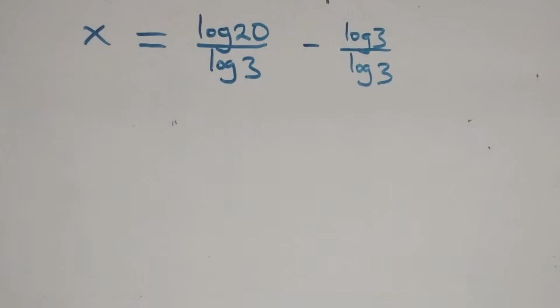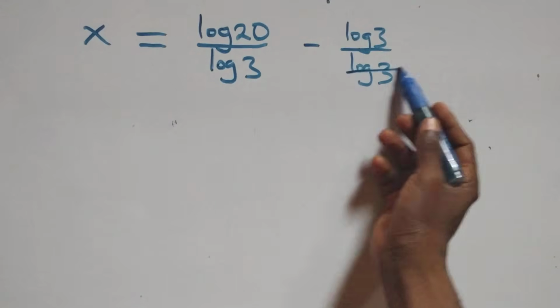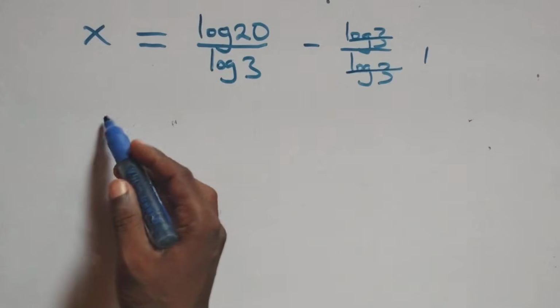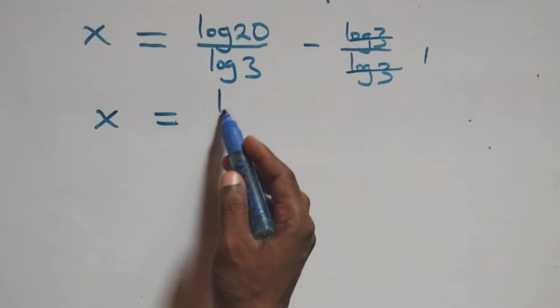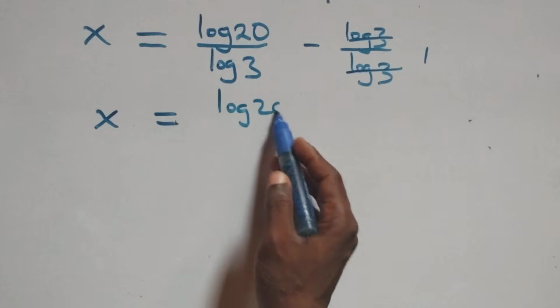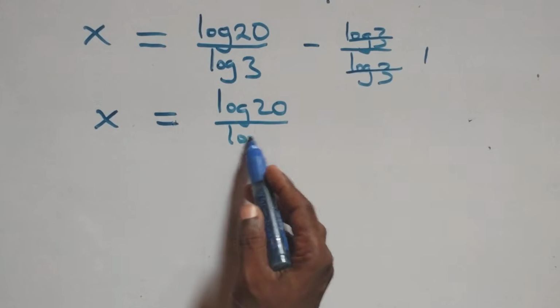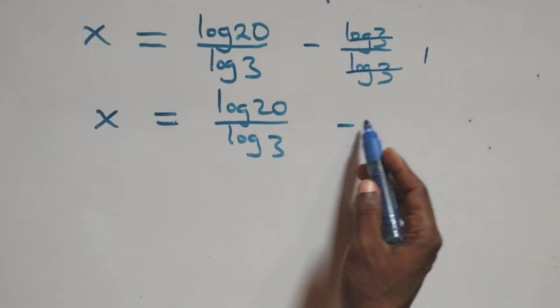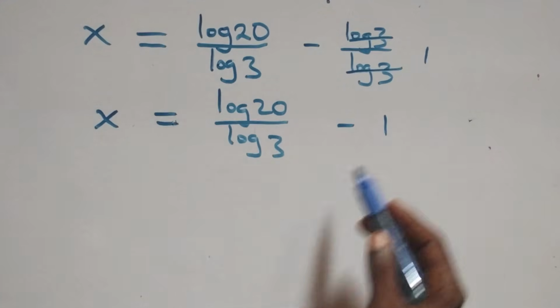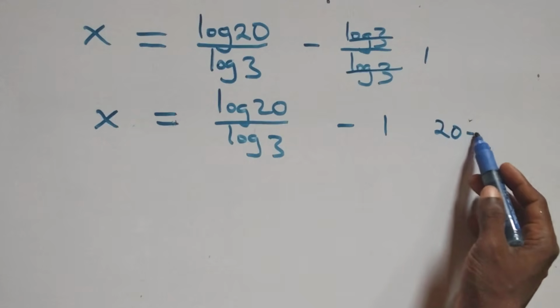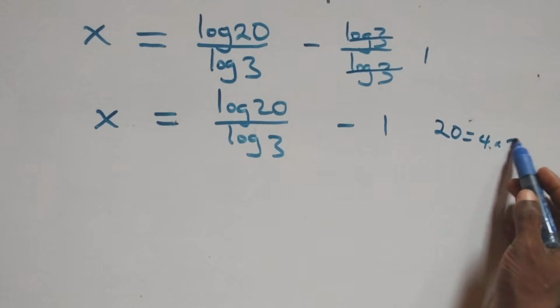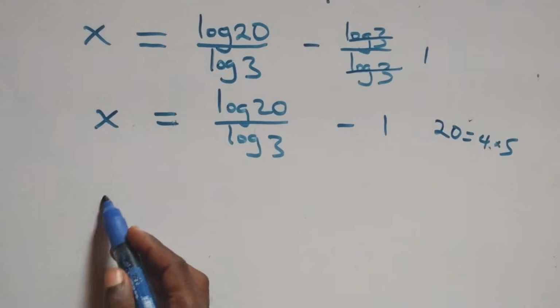Then log 3 cancels each other, one is left, which implies x equals log 20 over log 3 minus 1.